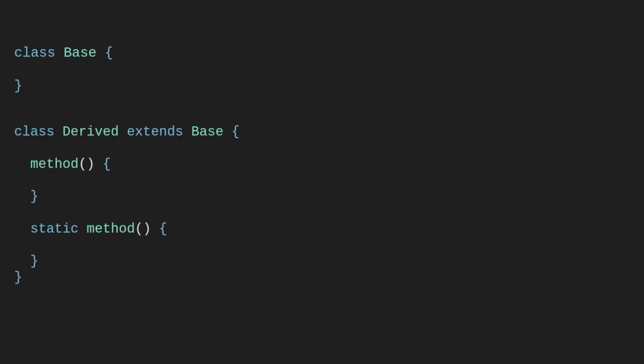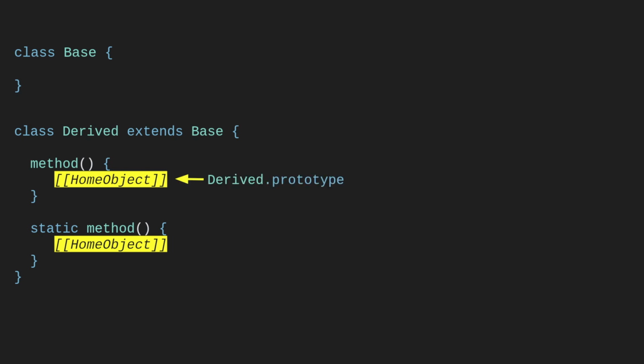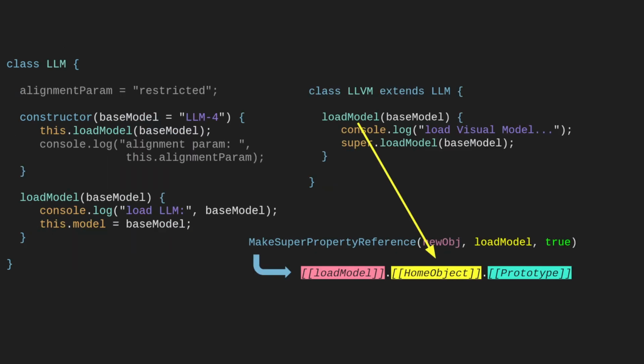Inside a derived class, which extends a base class, both instance and static methods have an internal slot HomeObject. For instance methods, it's the prototype property of the class, while for static methods, it's the class itself. So if we go back to our example, the home object of the method loadModel is llvm.prototype.